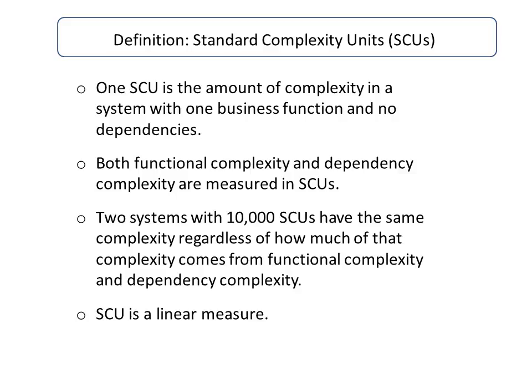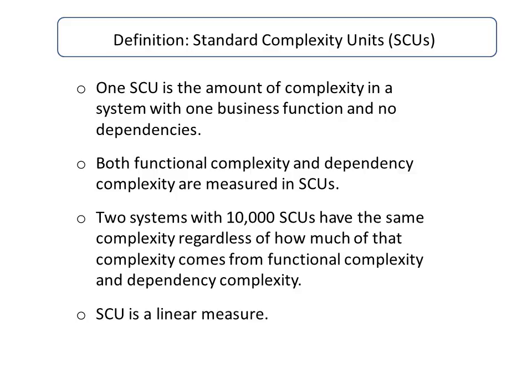Both functional complexity and dependency complexity are measured in SCUs, and SCUs are a way to standardize across these two very different types of complexity. So one SCU is the same amount of complexity, whether that SCU is coming from functional complexity or dependency complexity.